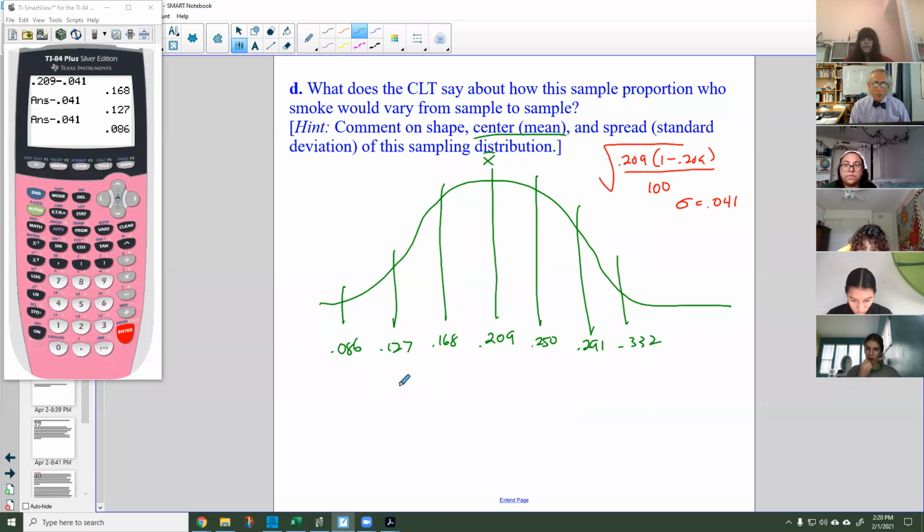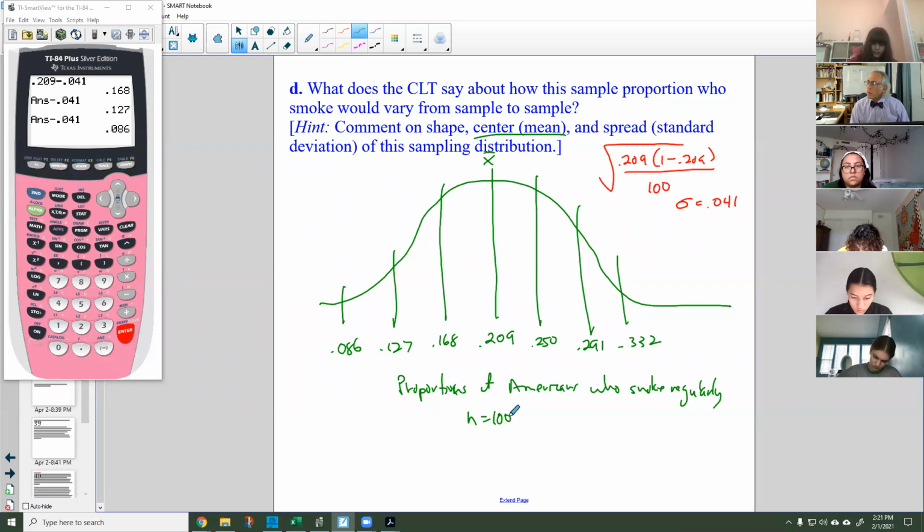Yes, so we're going to call it proportions of Americans who smoke regularly. And I'm going to put underneath that n equals 100, because I want to be clear that this is based on a sample size of 100, right? Because if I have a larger sample size, it's going to be different numbers. Everybody with me there, right? The larger sample size, the standard deviation is not going to be 0.041. The standard deviation is going to be something smaller. Yes?